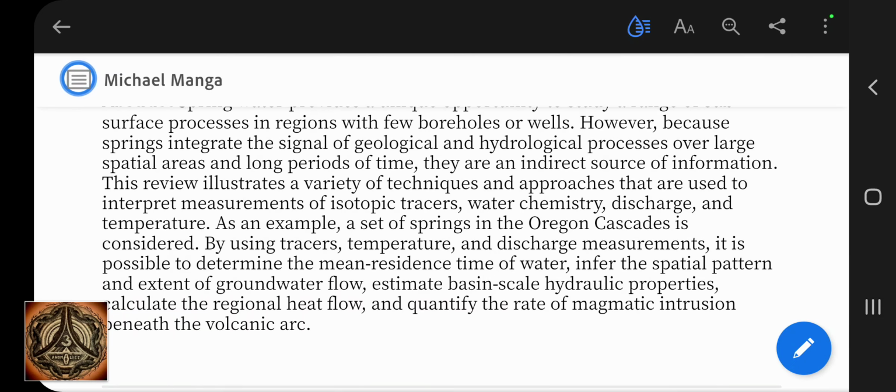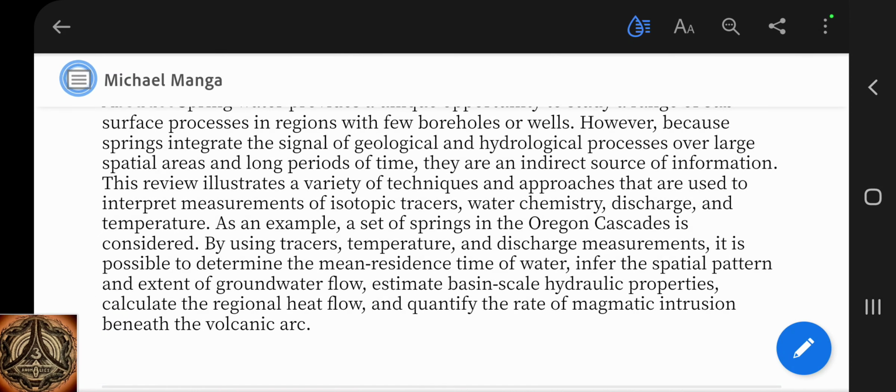As an example, a set of springs in the Oregon Cascades is considered. By using tracers, temperature, and discharge measurements, it is possible to determine the mean residence time of water, infer the spatial pattern and extent of groundwater flow, estimate basin-scale hydraulic properties, calculate the regional heat flow, and quantify the rate of magmatic intrusion beneath the volcanic arc.